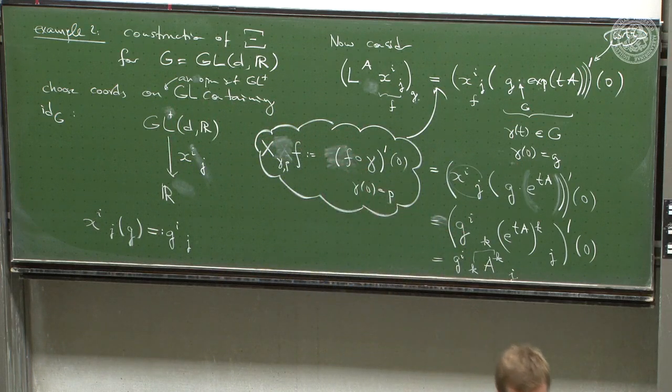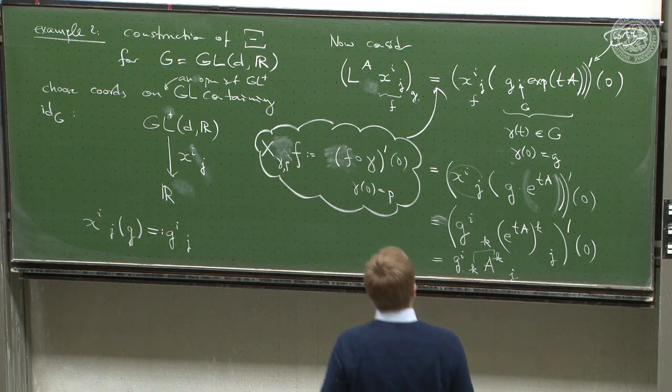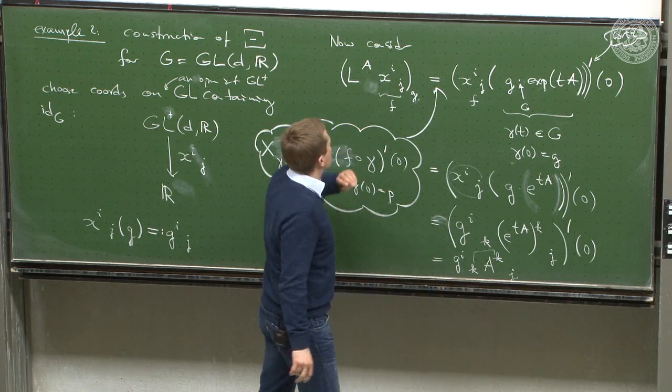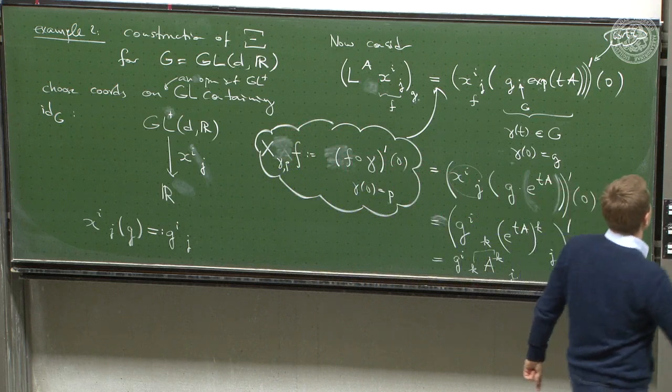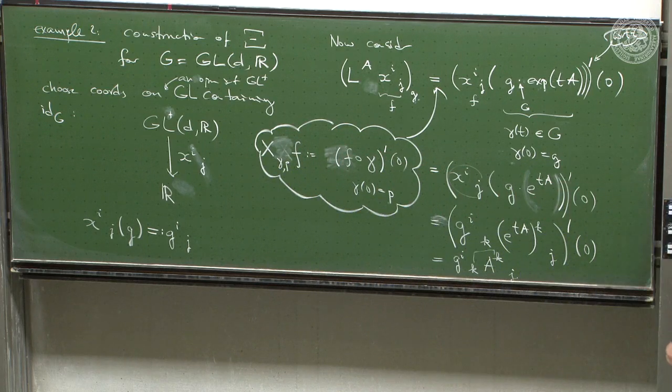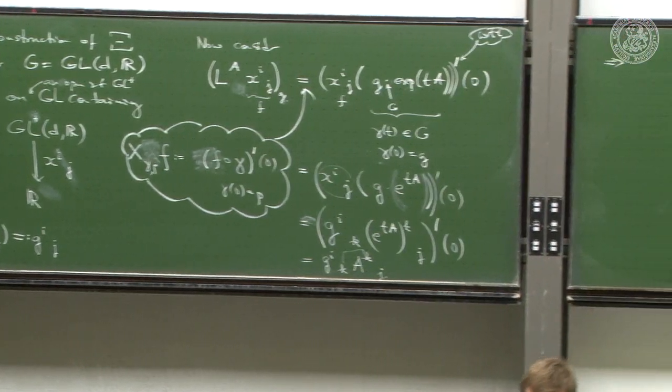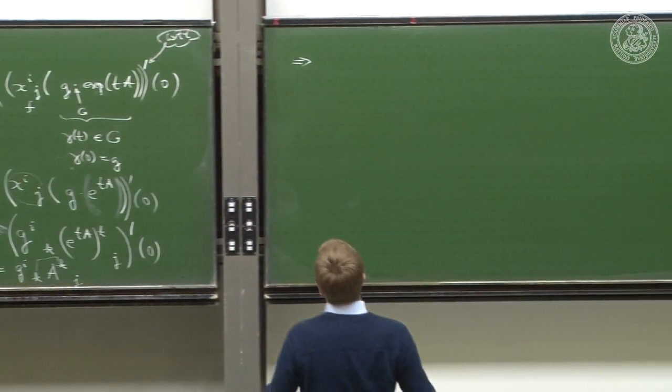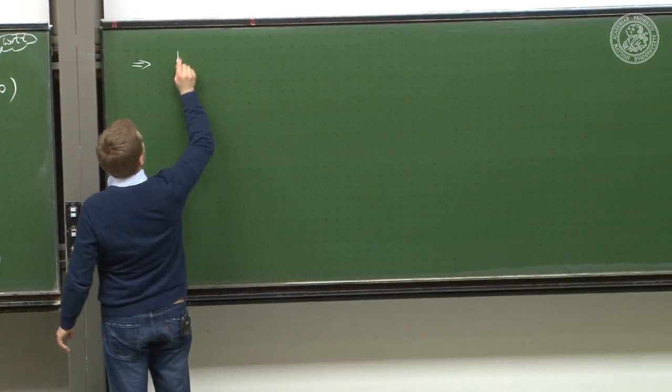Okay. So this is this. And then, of course, we do not want to have this applied here like this. We can just conclude from this that it has the components. These are just the components of this vector field.